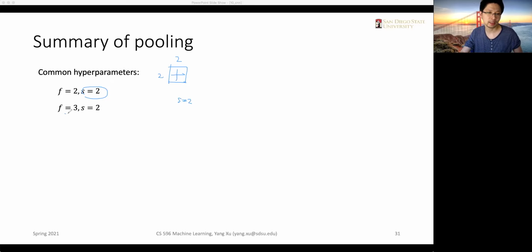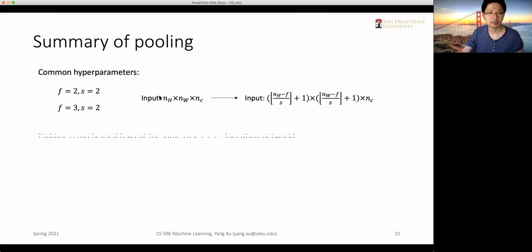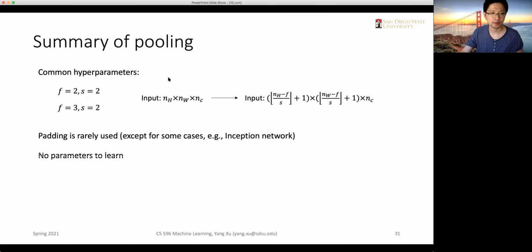It can also be filter size 3 with stride 2. In that case there's some slight overlap, but that is sometimes also used. The common thing is that the stride is usually 2. Stride equals 1 is not that often used, except for some special cases like the Inception network we're going to cover in a future lecture.